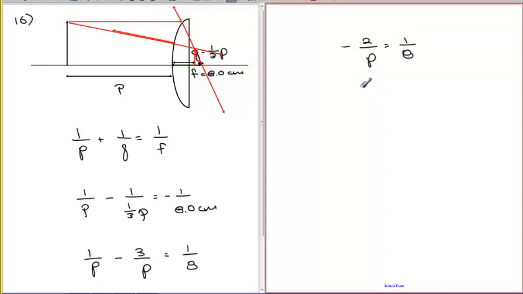So we can cross multiply, and you would get negative 16 is equal to P. Did I do something wrong? Oh, yeah, this is negative. So negatives cancel out, so we can just make everything positive. And so we would get that P equals 16, right? 2 times 8 is 16. P times 1 is P, so P is 16 centimeters.